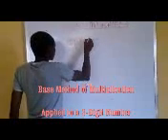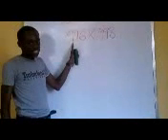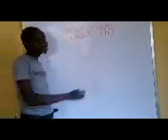Let's use 996 times 998. The closest base in this case is going to be 1000.